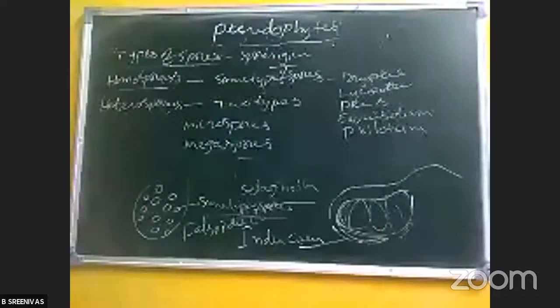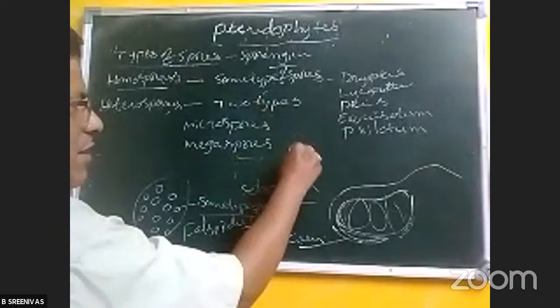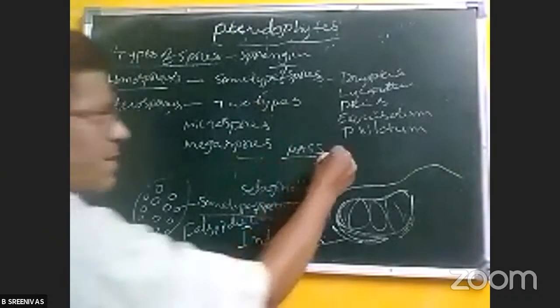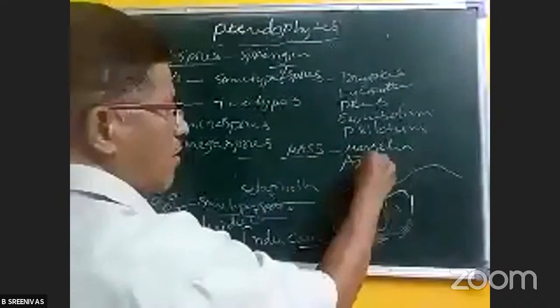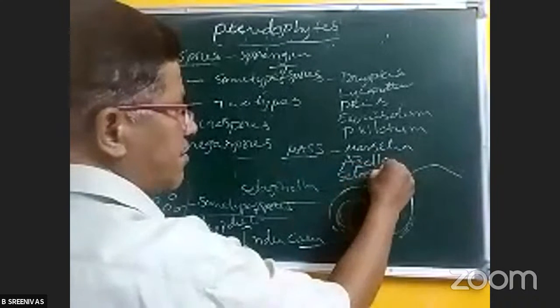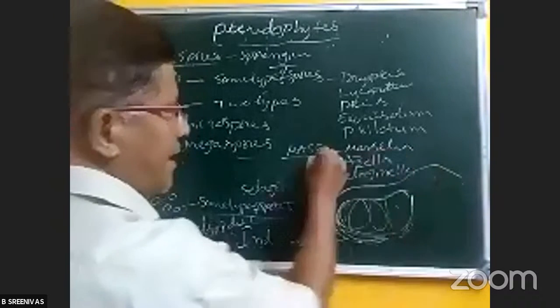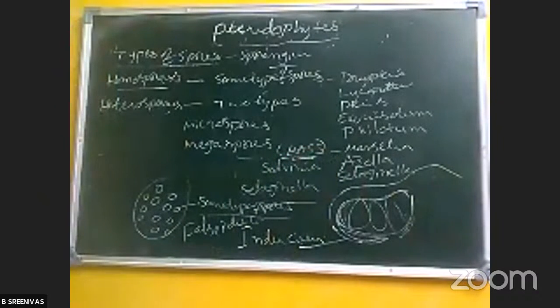All these plants are examples of homosporous plants. For heterosporous plants: Azolla, Selaginella, Marsilea, and another one is Salvinia. So these are very important. What is meant by homosporous and heterosporous? You note it down.